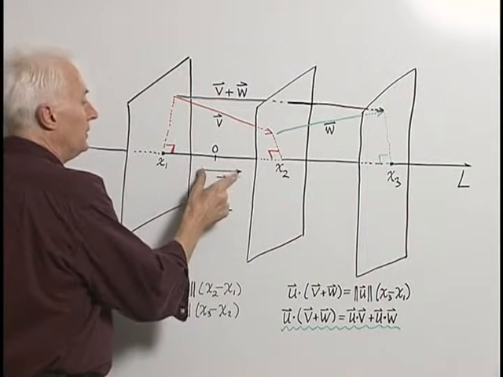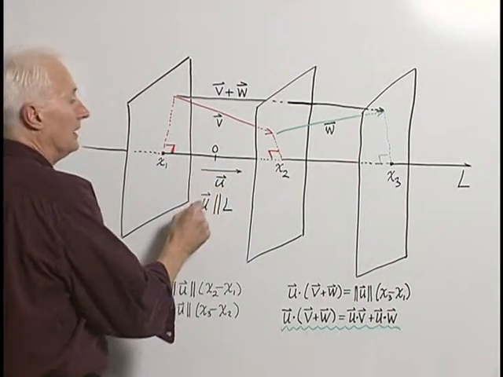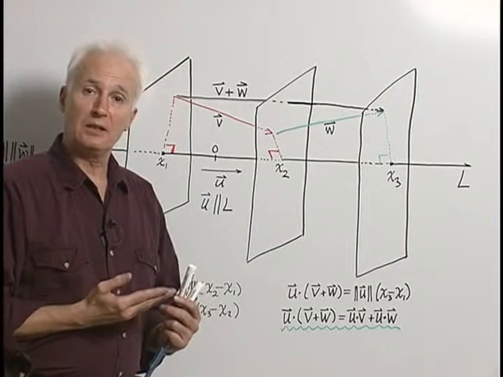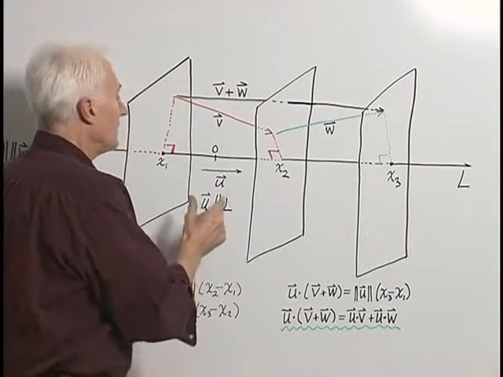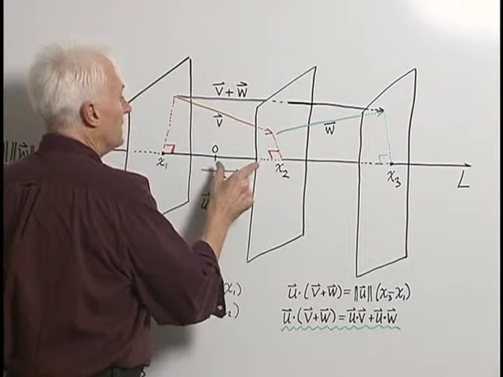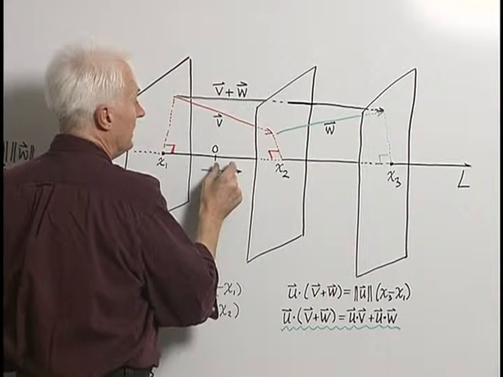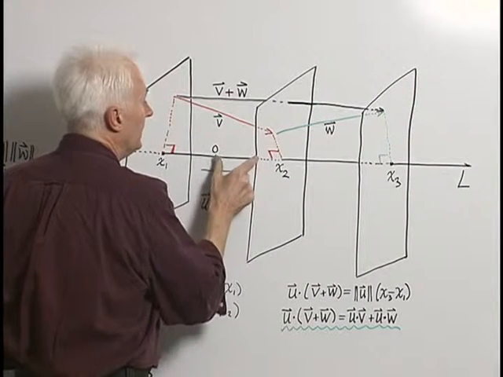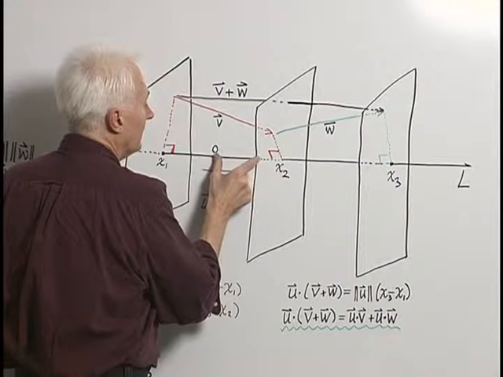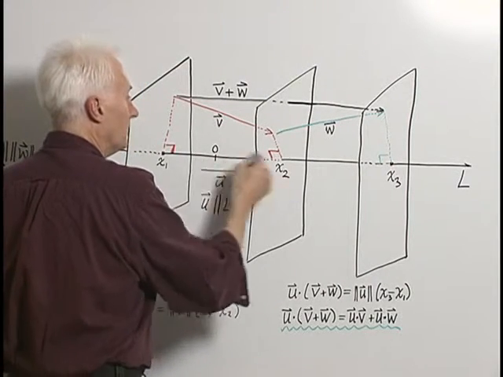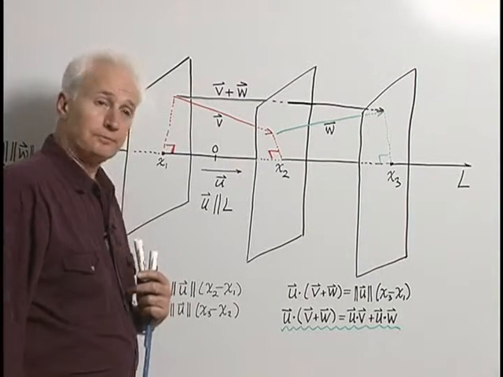So the vector u is parallel to L, and so what we're going to do is simply put a number scale on that line L such that the length of u is represented in terms of that unit. That is, the length of u here, if I take that length and put it on that number scale, comes out to the number length u on that number line.